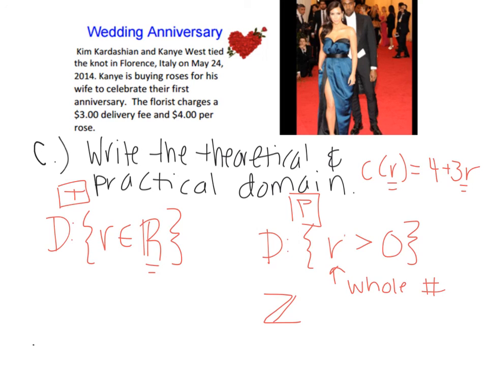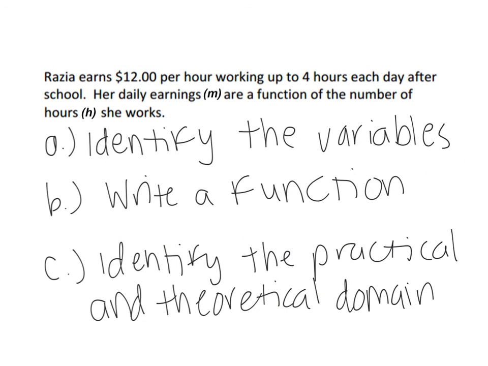Z bar is the symbol for the integers, but since we're only talking about positive integers, we would write Z bar and then have a positive in its upper corner. This is the symbol for the whole number set. So that's just kind of a fun fact. This is something that I would accept on a quiz or a test. Please pause the video and answer these questions.